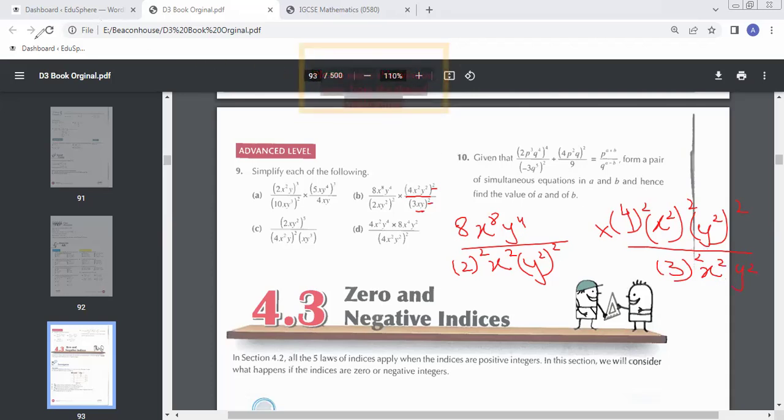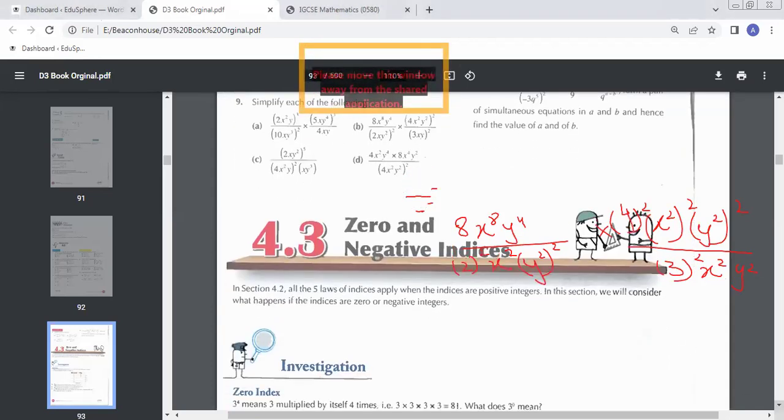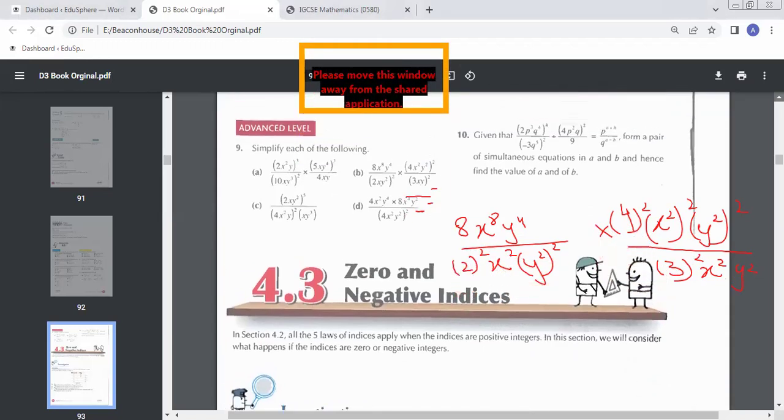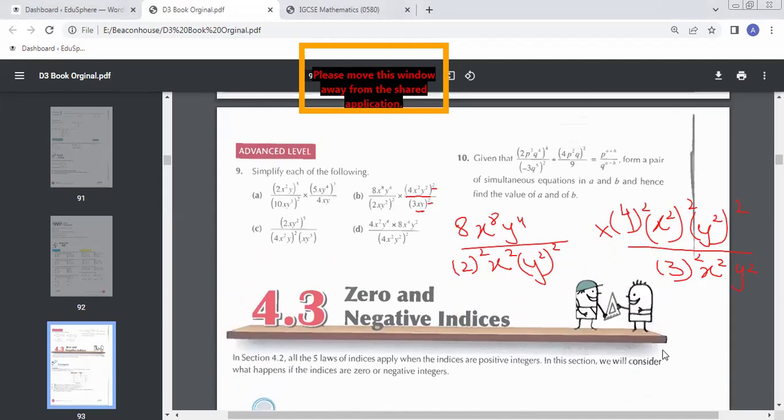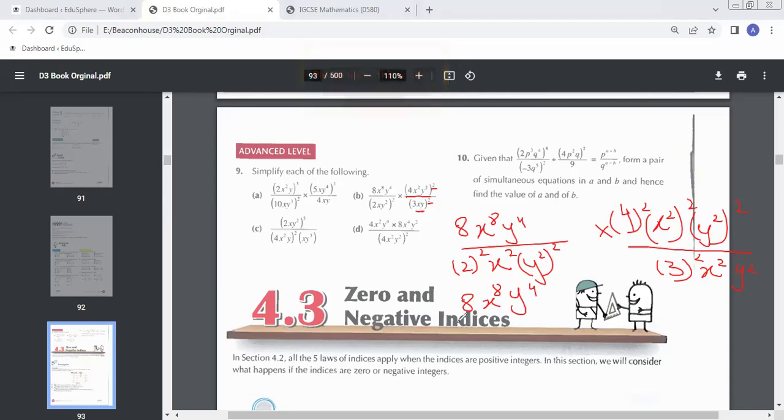Now we need to check first what the powers are. After you apply the power, you get 8 here as it is, x^8, y^4.